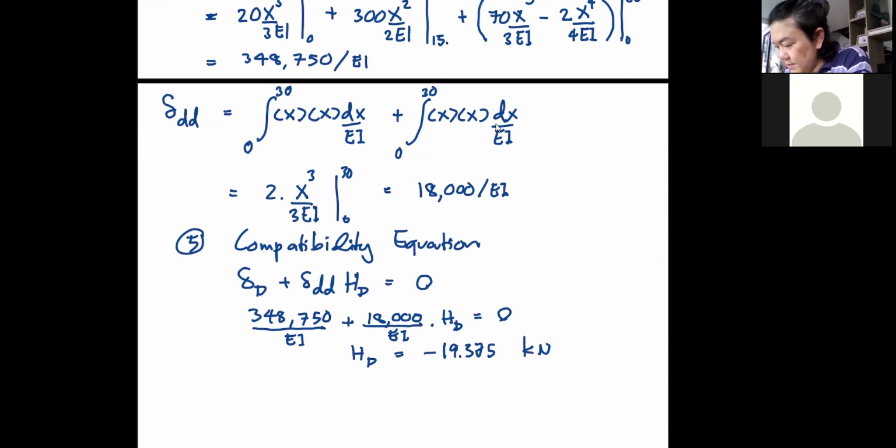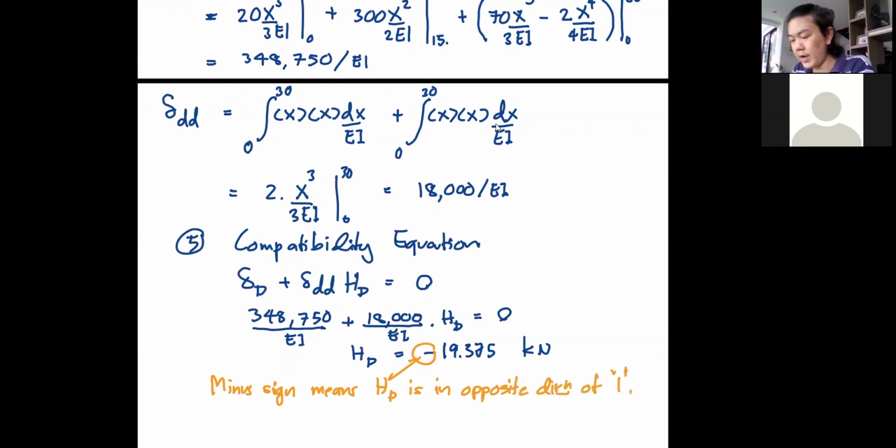Again, this minus sign means HD is in the opposite direction of the unit load.